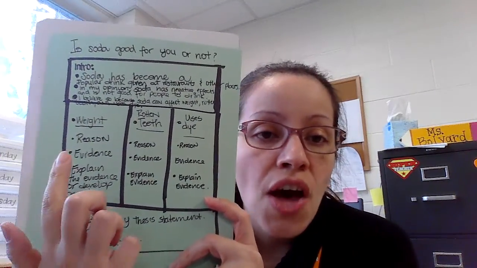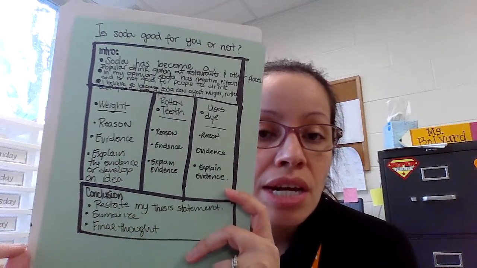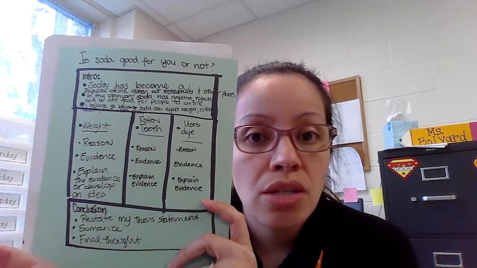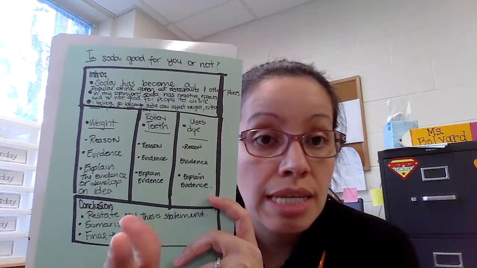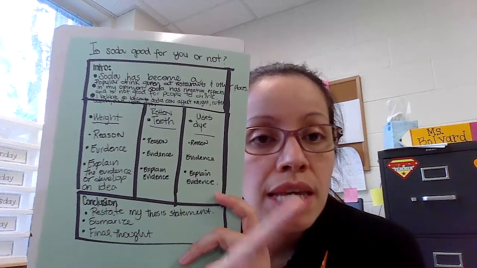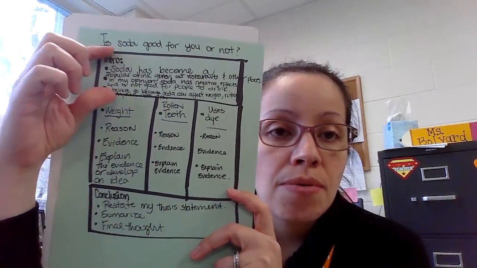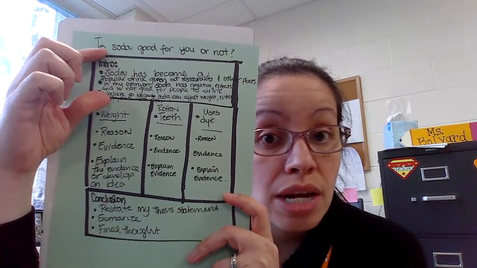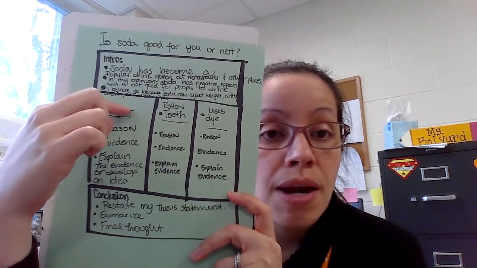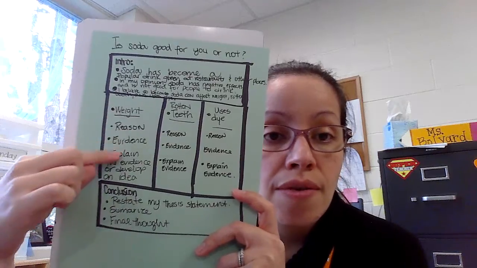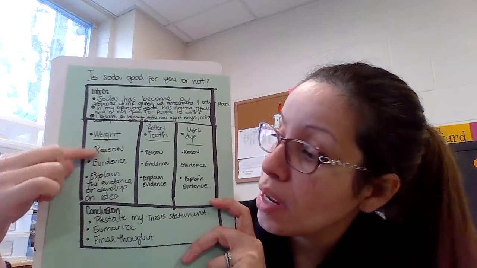If you just did thoughts and bullet points, now you're going to have to turn those bullet points into full sentences and connect them. The important part of this is to remember that this part right here is your first paragraph, your introduction. This part right here is your second paragraph. This is your first body paragraph.